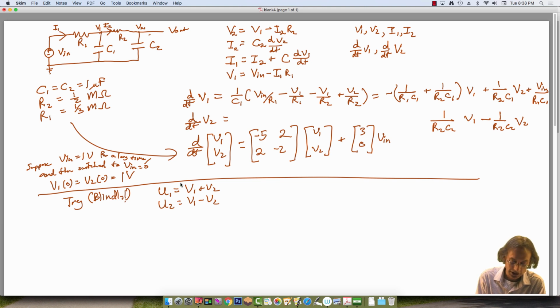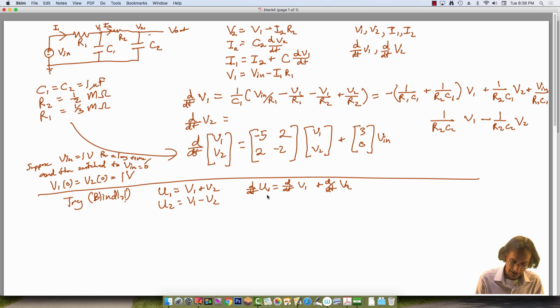If you take this, now you need to use these changed variables and see what a new differential equation is in terms of u1 and u2. So you can just start, you just differentiate this. d by dt u1 equals, well, take the derivative of both sides, d by dt v1 plus d by dt v2. But we have expressions for this up here, so we can substitute these in.